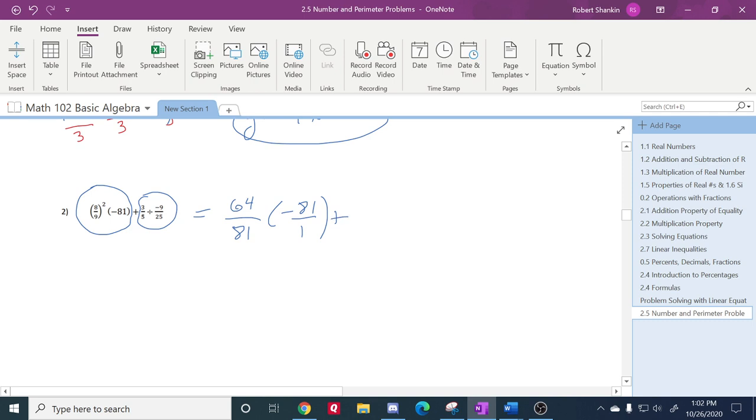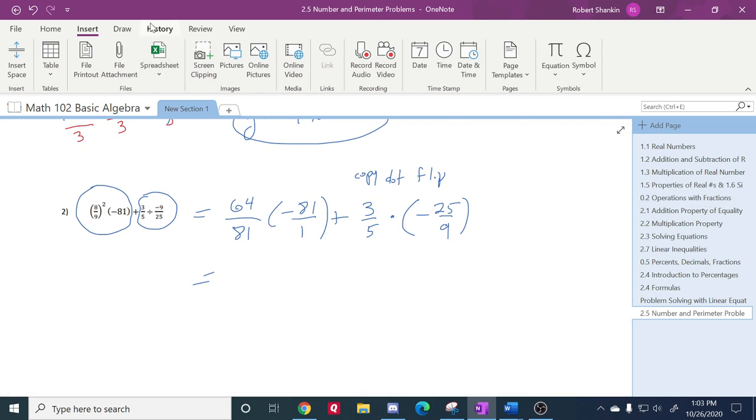Plus, now in this second term, you can do it simultaneously as long as you do one step in each term. Copy, dot, flip. And that negative sign can go with the 9 or out in front, doesn't matter. So, copy, dot, flip.